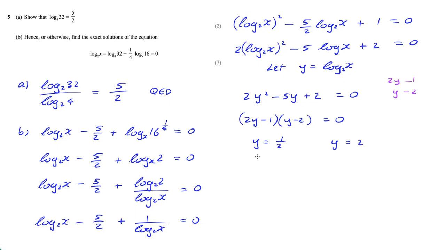But y is log x base 2, so that equals a half, and this is log x base 2 equals 2. So x is 2 to the power of a half. X equals 2 to the power of a half, which is root 2. So x equals root 2. Or x equals 2 to the power of 2, 2 squared, which is equal to 4. So those are my two solutions.